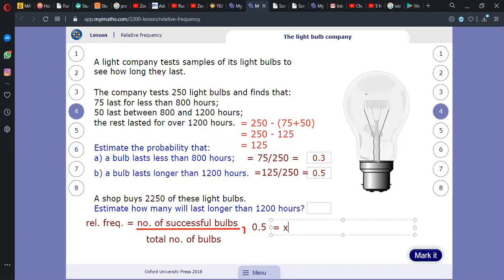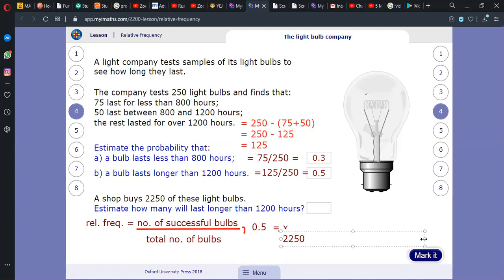So if you use the variable x to represent that, 0.5 equals x divided by the total number of bulbs. How many bulbs did the shop buy? I have 2250 over there.